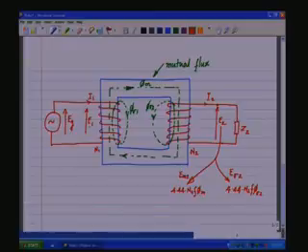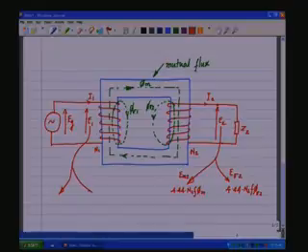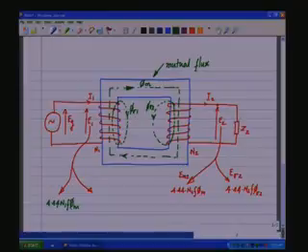Likewise, on the primary side you also have two components which are producing the induced EMFs. One component, 4.44 N1 F phi m, is the voltage that is induced due to the mutual flux flowing in the core, which links both the primary and the secondary.